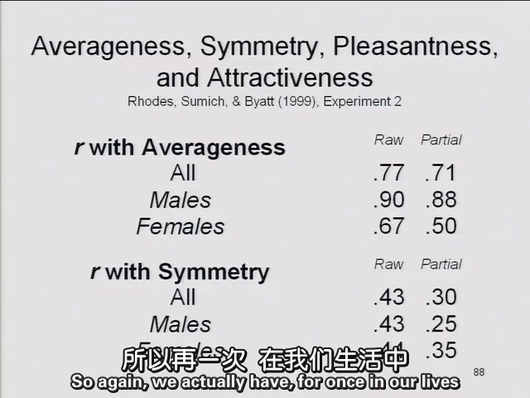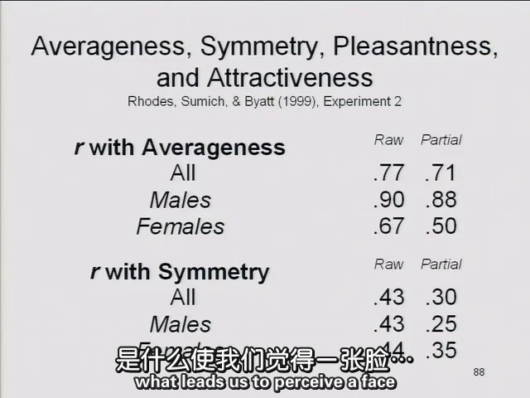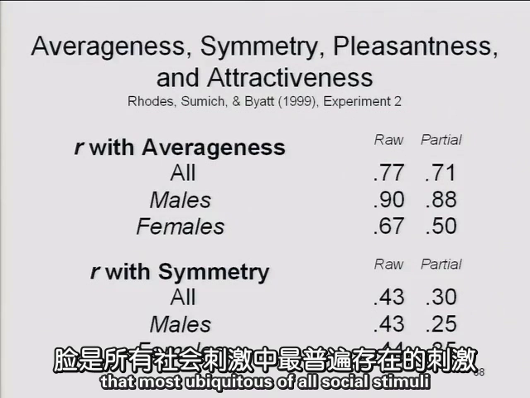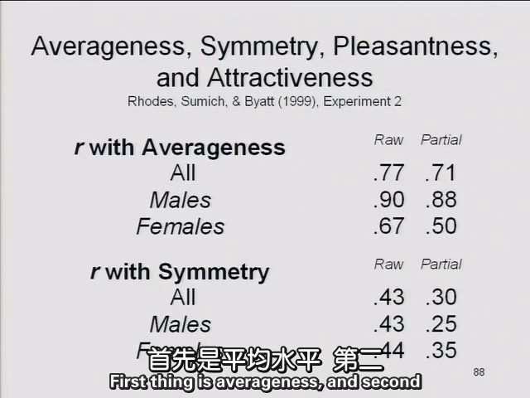So again, for once in our lives, we actually have what looks like a solution to an age-old problem of social perception. What leads us to perceive a face, that most ubiquitous of all social stimuli, as attractive? First thing is averageness.